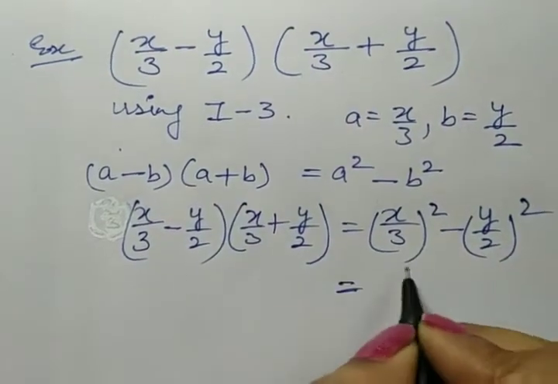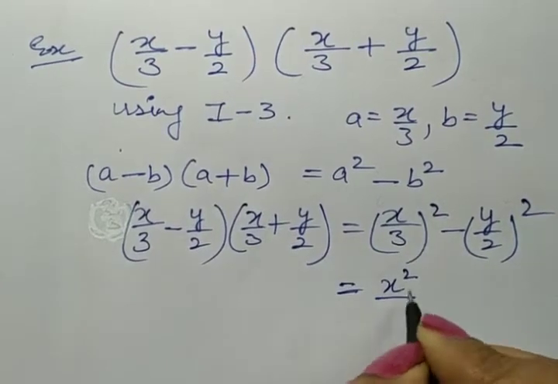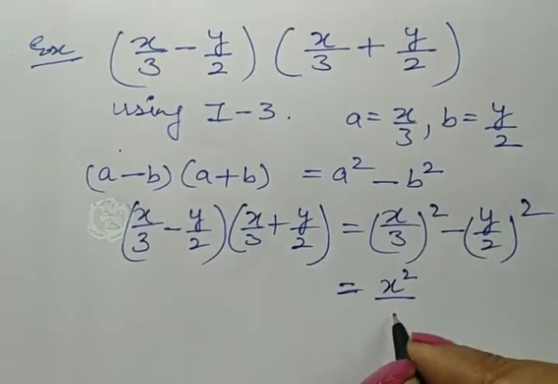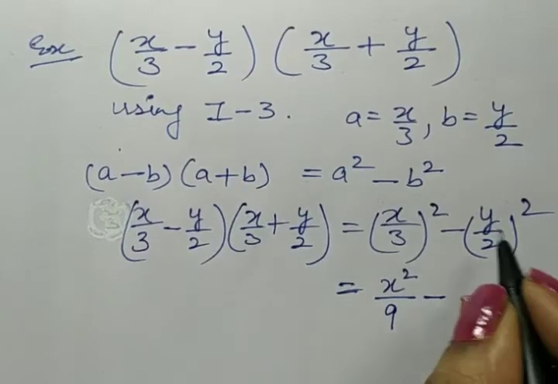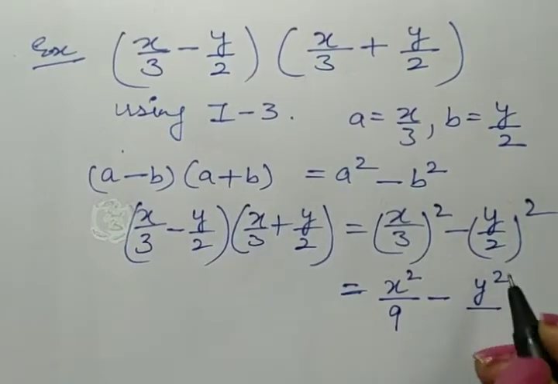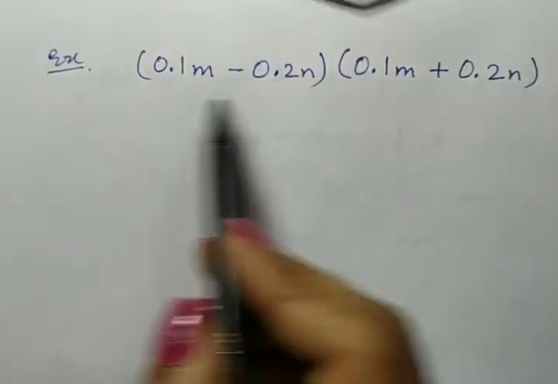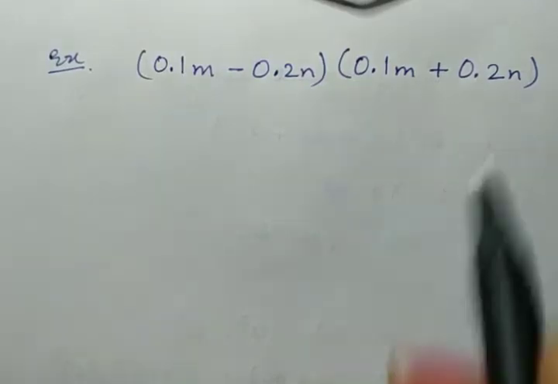What will we get? (x/3) whole square is x square by square of 3, that is 9, minus square of y, that is y square, by square of 2, that is 4. This is our answer.